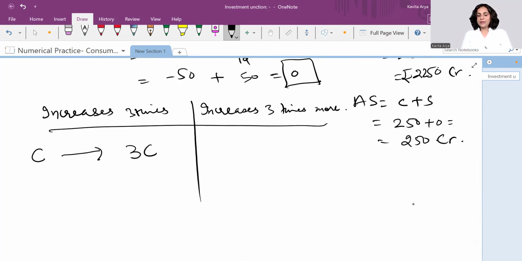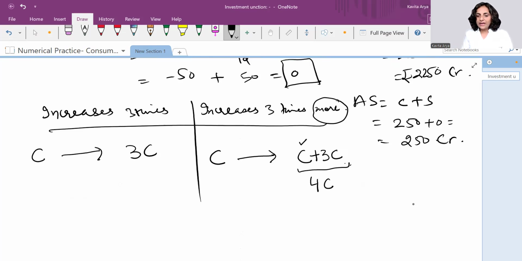But whenever in some numerical you are given increases 3 times more, it means when initial C was there, now in this very C, 3 more C's are added up. It means the final value is 4C. Try and understand. This more is saying that this change has to be added into the primary value given. And this simply says increase it to 3 times.